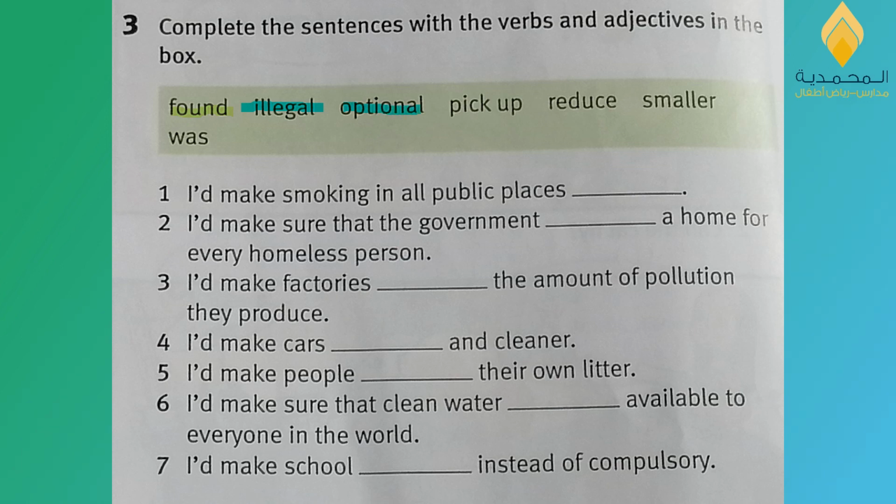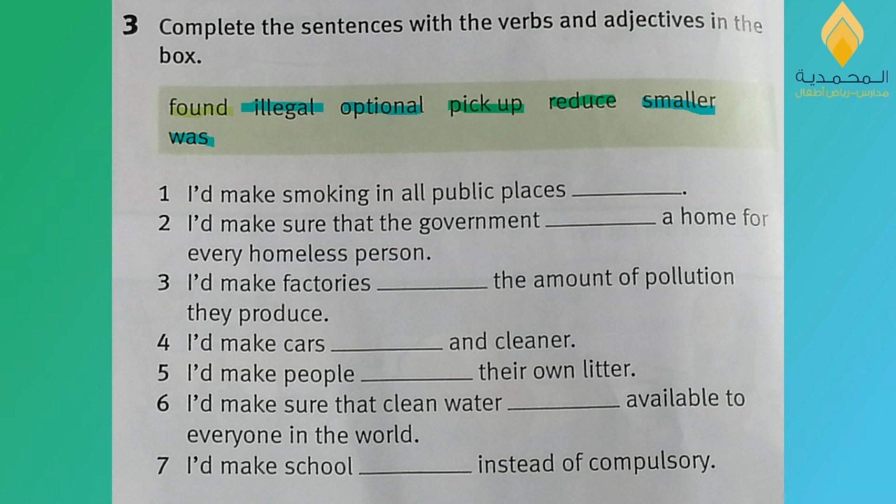Nobody forced you to do it. Pick up is a verb in which we mean to collect. Reduce, again, it's a verb in which we mean to minimize something. Smaller, it's from the adjective small. And finally, was, it's from the verb to be.